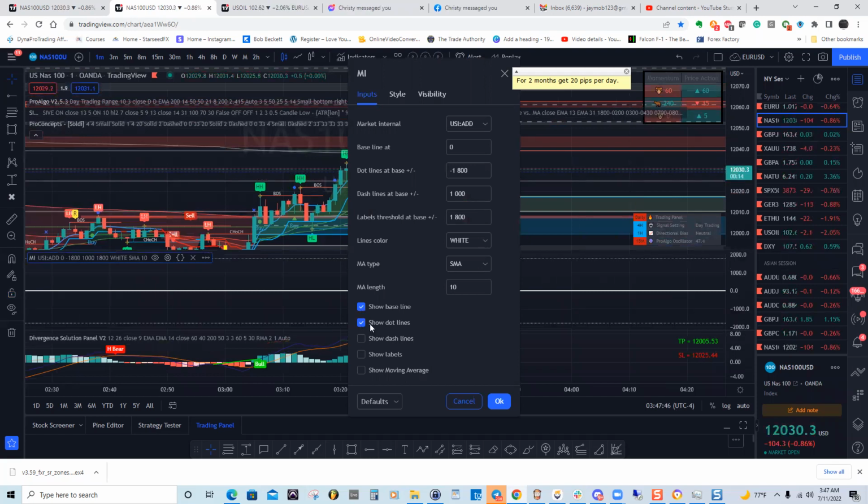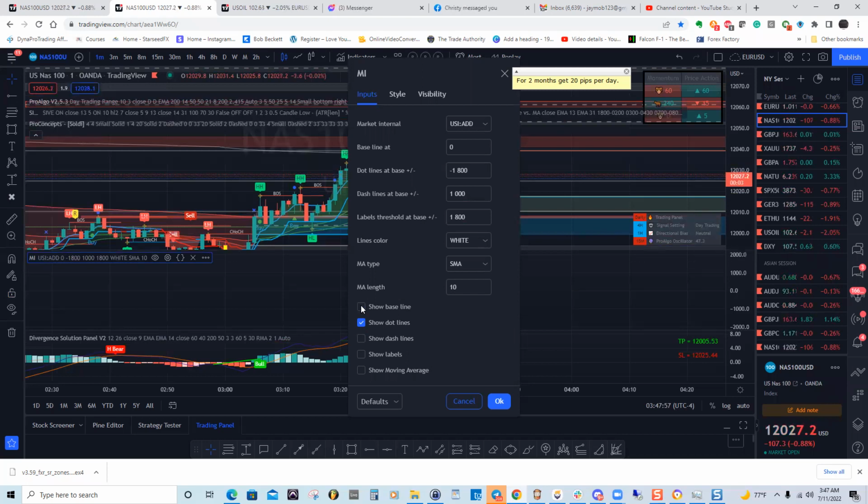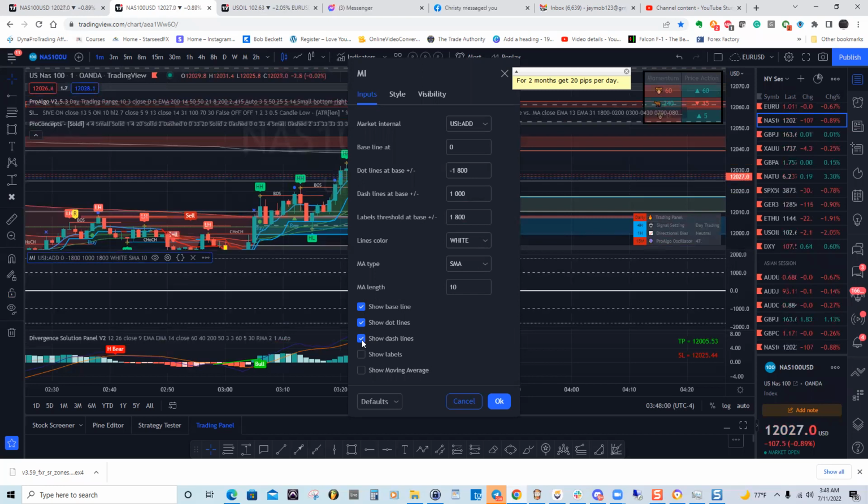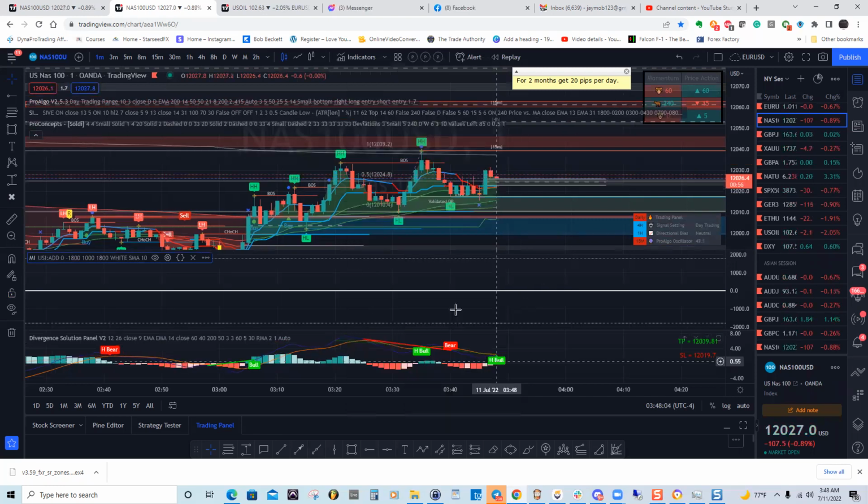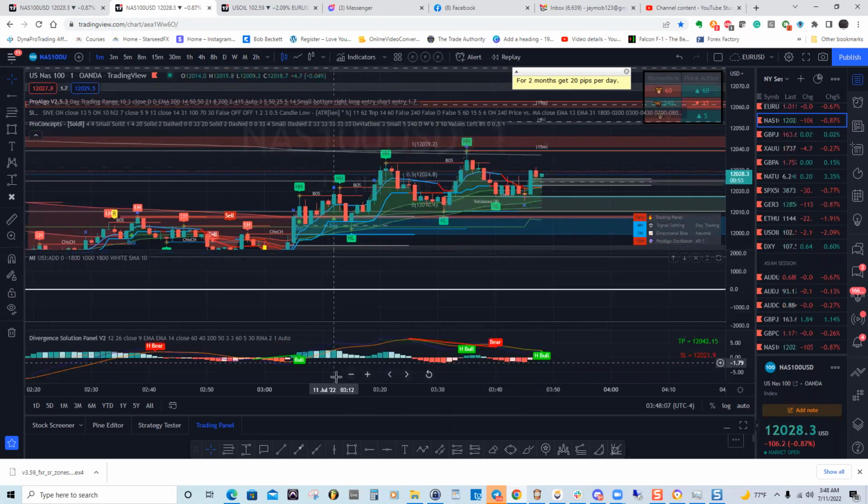There we go. I might need the baseline though. Oh wait, that's a baseline there, right? It's like you need the baseline. Take the baseline down, takes all those numbers out. Okay, that's fine. Show dash lines. Where's dash lines at? Okay, that's fine. All right, so we want to see if it opens up below 1800 or above 1800.